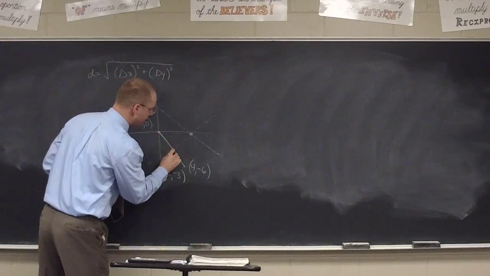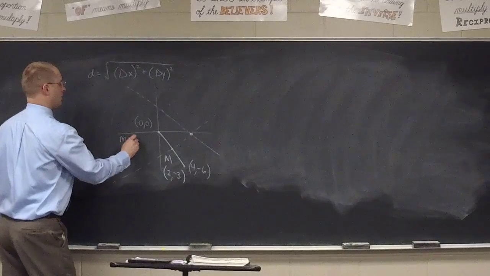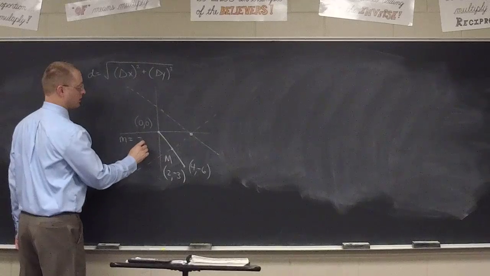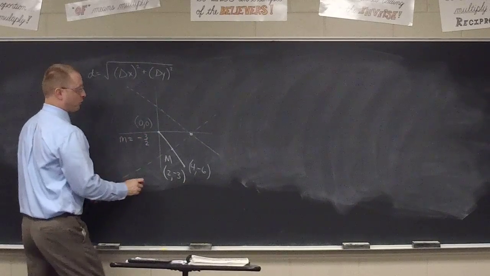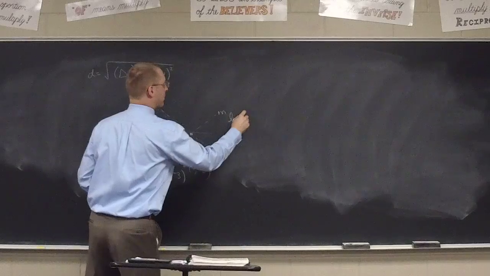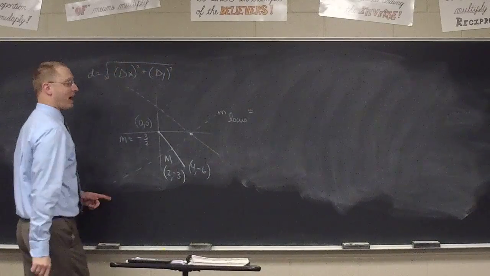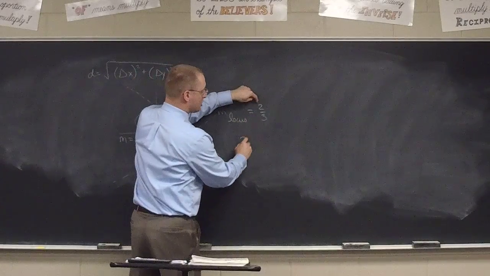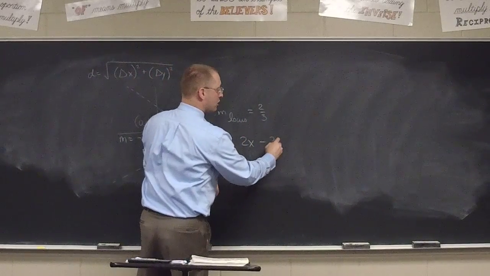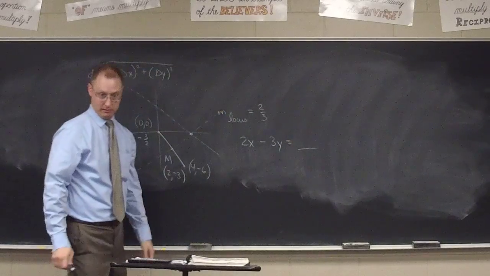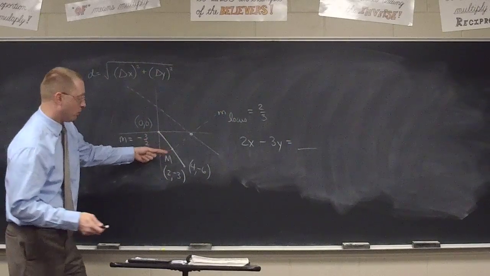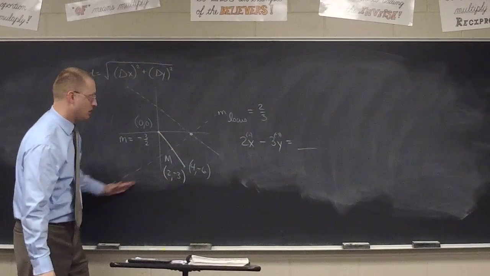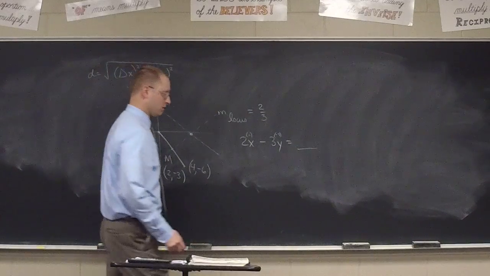What is the slope of this line? -3/2. So therefore, what is the slope of my perpendicular bisector? Positive 2/3. And if the slope is 2/3, then in the general form, 2x minus 3y equals something, right? And we already know it goes through the midpoint (2, -3). So what is the equation of my locus line? 2x minus 3y equals 13.